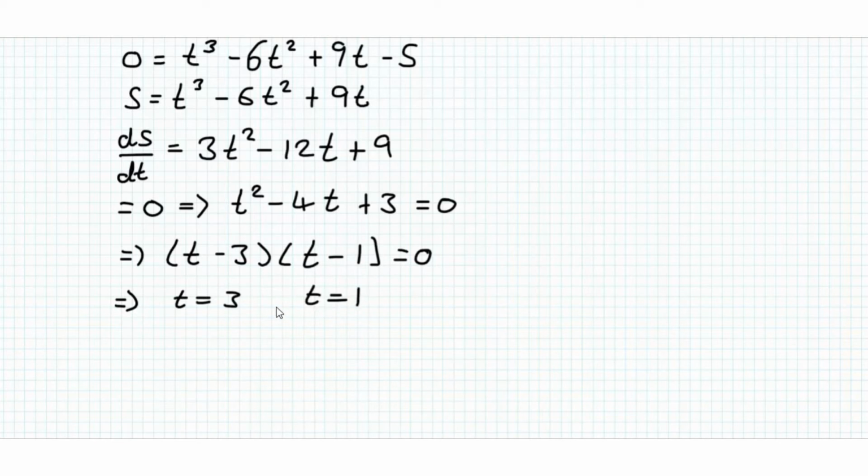Substituting these in, when t is equal to 3, we get s is equal to 0, and we can just check that. So t cubed is 27, plus another 27, that's 54, and then we have t squared is 9 times 6 is 54, this is subtracted, so that is 0.